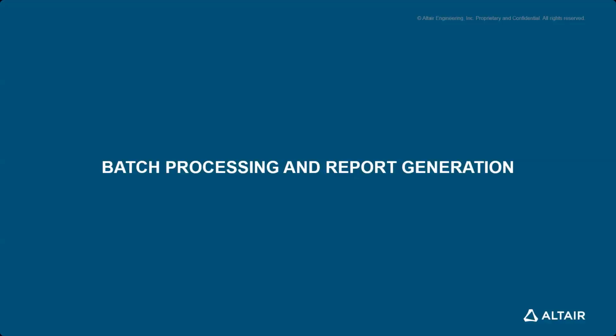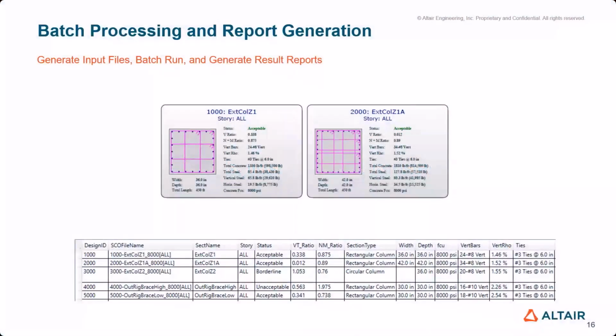So let me show you one more slide just to talk about what we are going to be doing in this next part. So it's basically the batch processing, code checking, and report generation options that the multi-story designer allows us to work with. So after generating these S-concrete files, we have the option to code check all of these S-concrete files that have been created, and then report in different ways what we have.